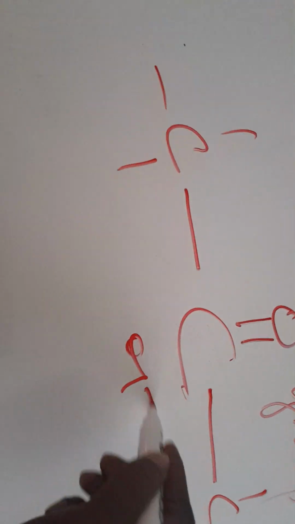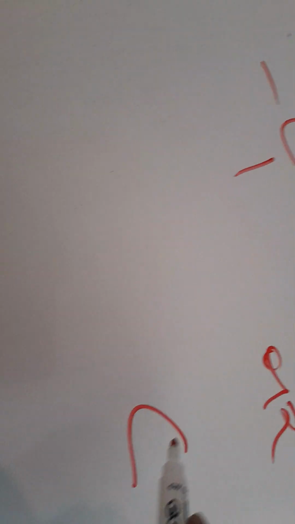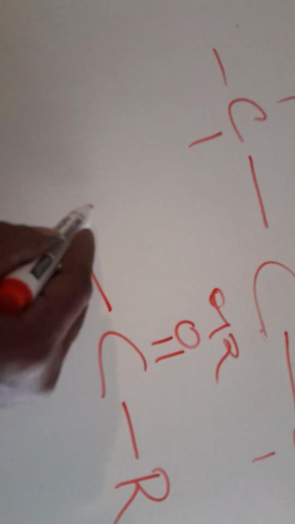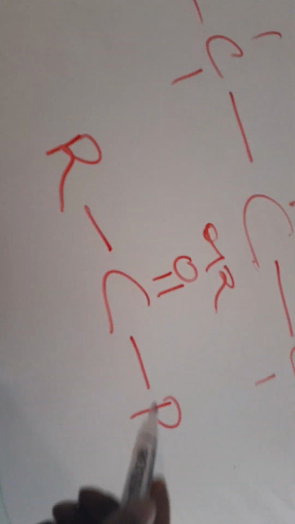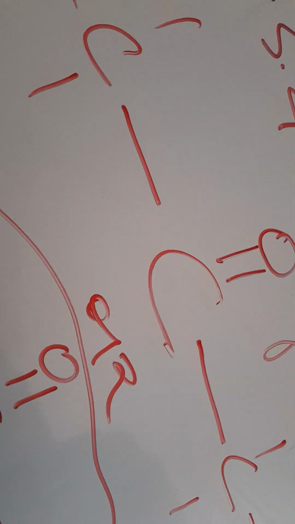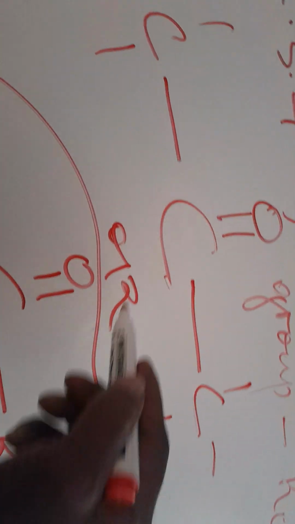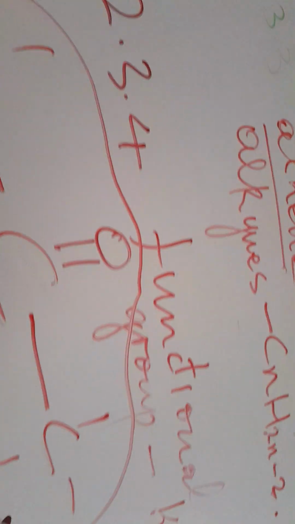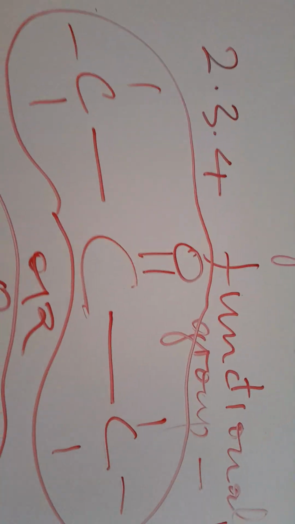Or you can just leave it as the carbonyl in the middle, then represent the chain. So this is that functional group, and it gives you 1 mark.